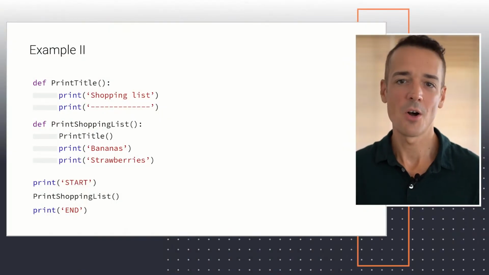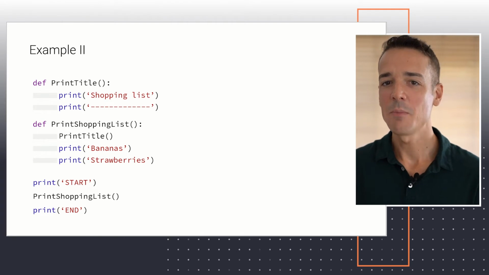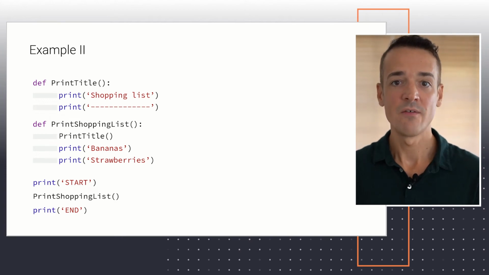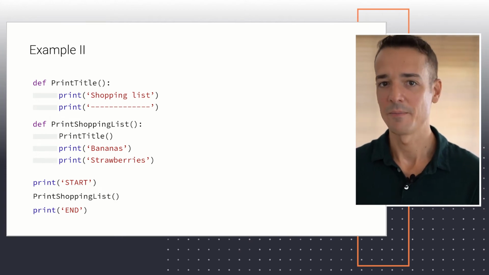Python calls are not restricted to your main program. Python allows you to define a function which, in turn, invokes another function, leading to what we call nested function calls. Here's another example of a small Python program where we can observe this behavior. The following program is meant to print a small shopping list by first printing the title on the terminal, followed by the list of items to shop.